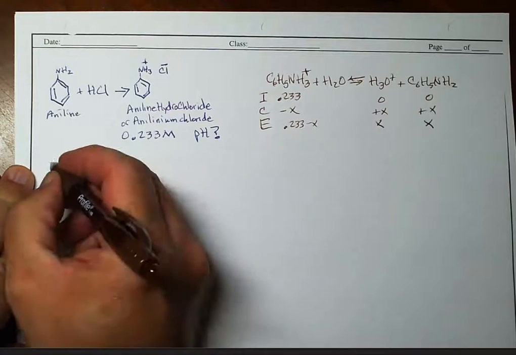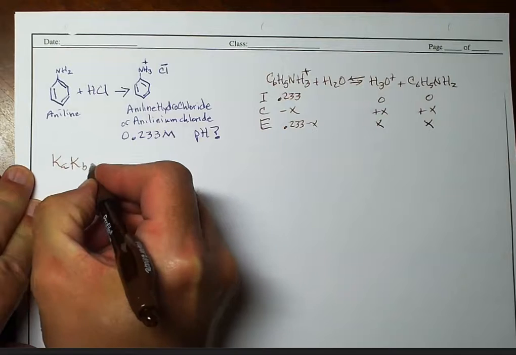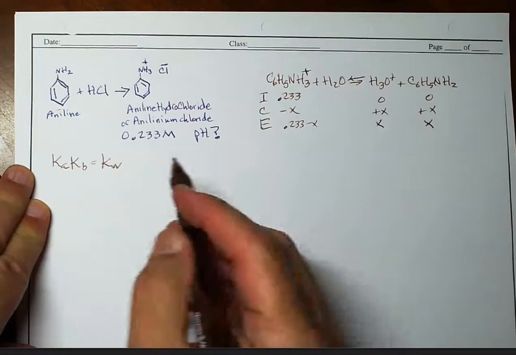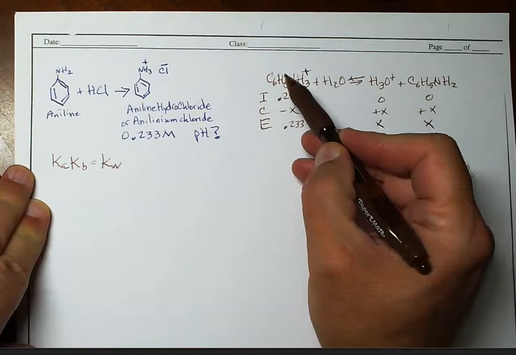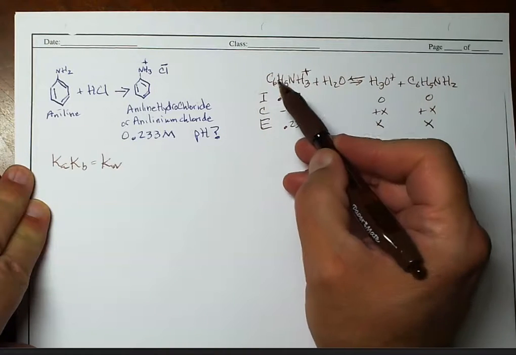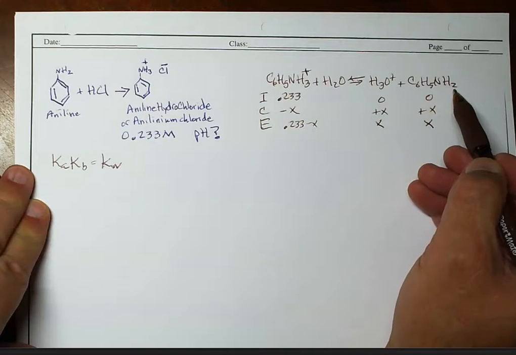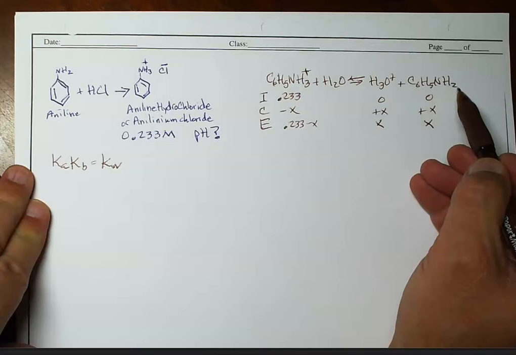So we need to remember that for a pair of conjugates, Ka times Kb equals Kw. Here's the conjugate acid, by giving the proton to water, this is left as the conjugate base. And we can find a Kb for this conjugate base.